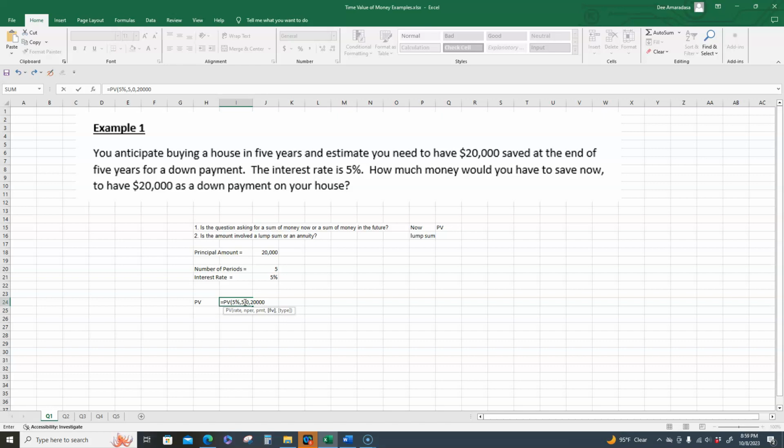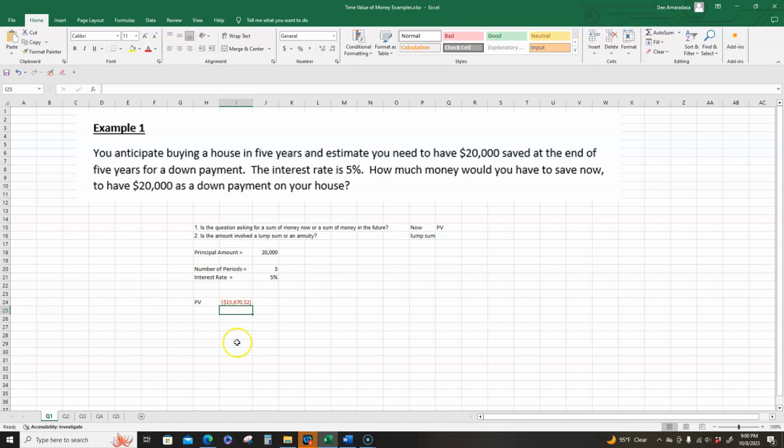An ordinary annuity is where payments are made at the end of the year. An annuity due is where payments are made at the beginning of the period. So again, type only applies to an annuity question. So at this point, either you can put a 0 and close parentheses, or you can just close your parentheses because you're done with all the terms that you need.